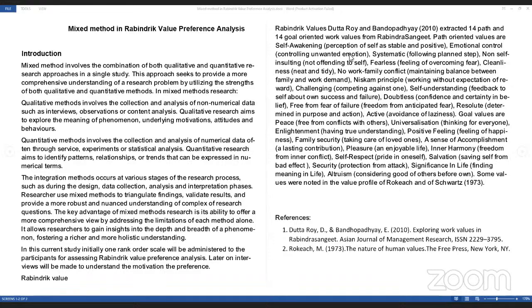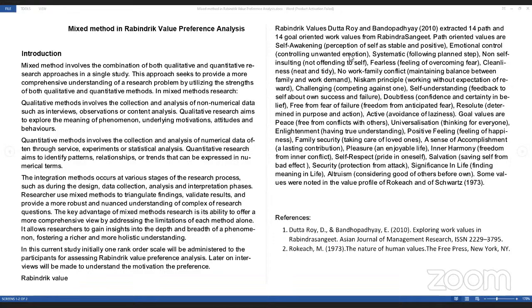So in this study, we are following the mixed method approach. Initially, we administered the rank order scale, and after that, we have finished interviews.